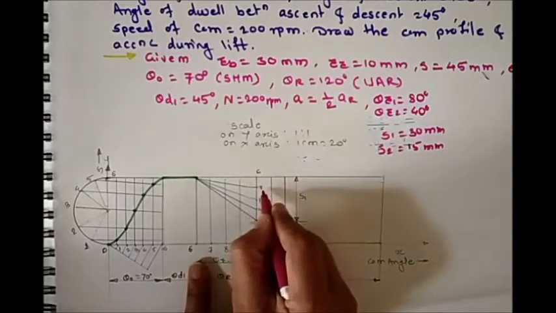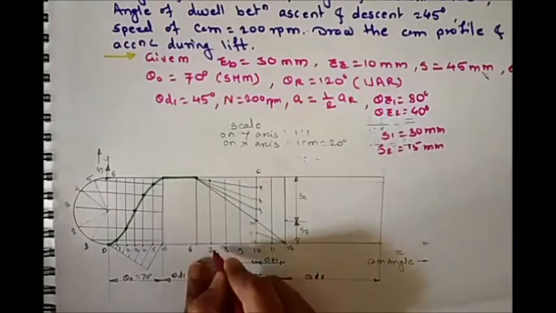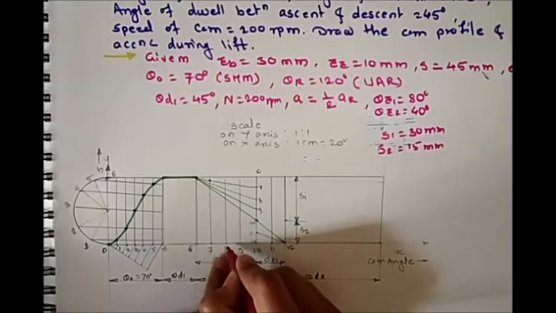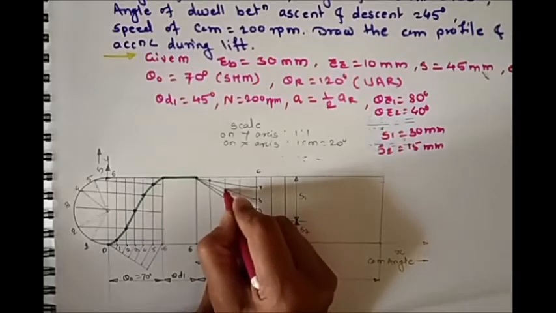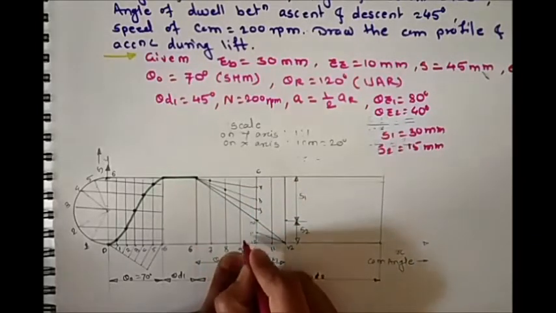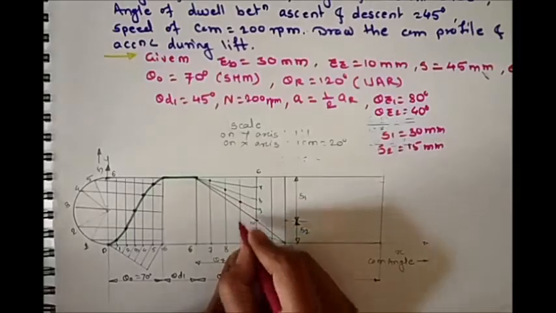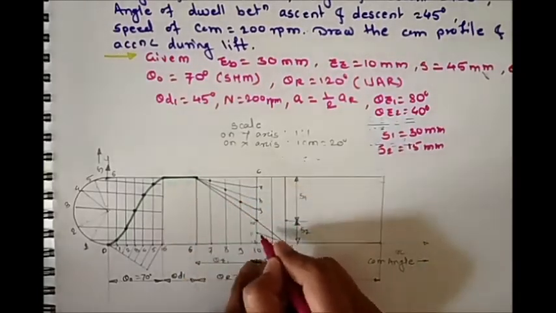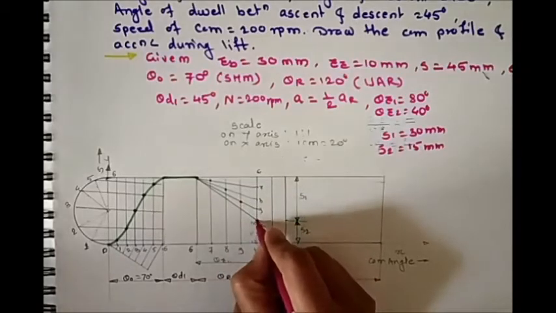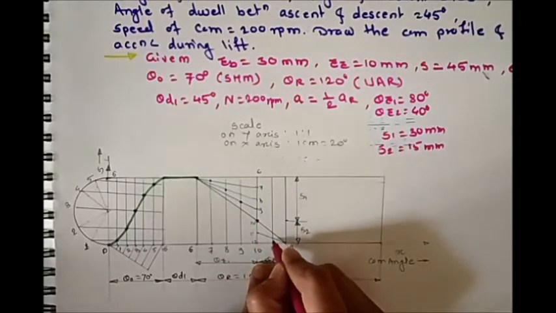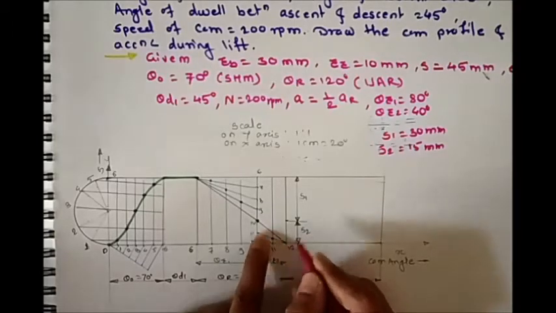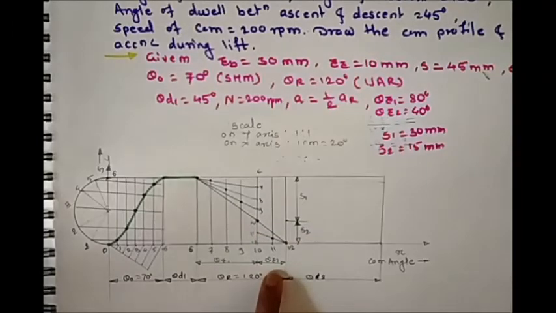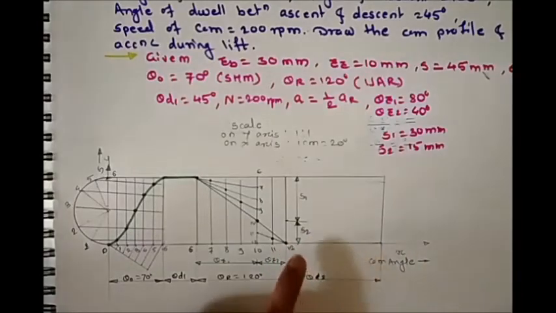Now this cross line cuts the vertical line, then the second cross line with the second vertical line, third with third vertical, that is 7, 7, then 8, 8, then 9, 9, then do it for the 10, then cross vertical with this vertical line, and the last point meets here.